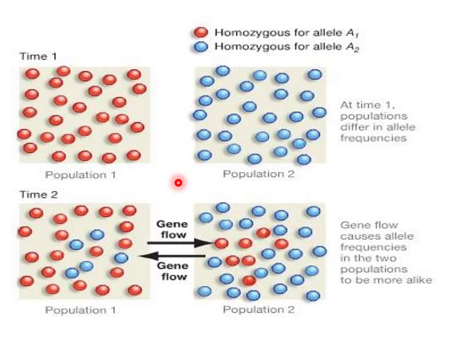First of all, you can see a population located in an area that has the allele capital A1, presented in red color. And here is another population, called population 2, having allele A2, shown in blue color.